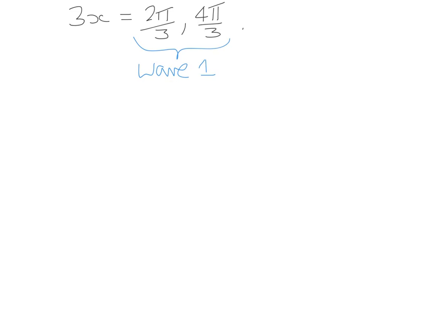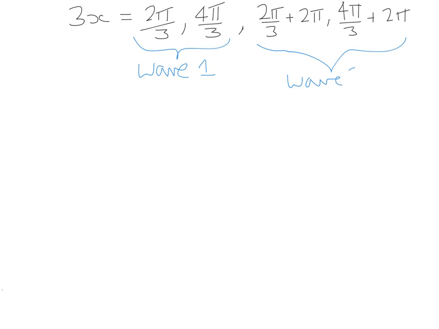So because we're in radians this time, to find the wave 2 values, we need to add 2 pi. So it's going to be 2 pi over 3 plus 2 pi and 4 pi over 3 plus 2 pi. And that will give us wave 2.